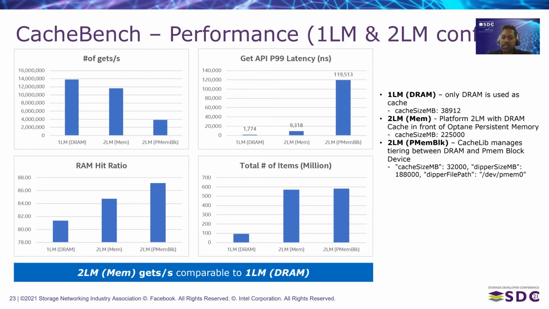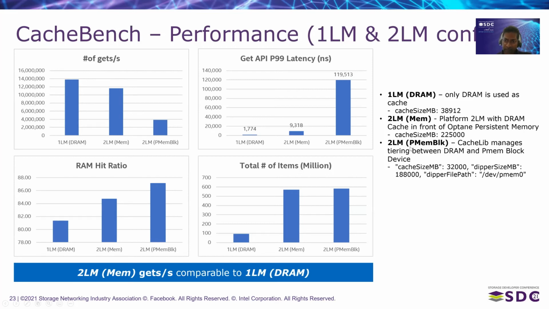CacheLib doesn't have native PMEM support. So we are using the block interface in CacheLib, and we are calling that the 2LM PMEM block configuration, where we are using 32 GB DRAM capacity, and then the dipper size NB, which is 188 GB, the dev PMEM capacity.